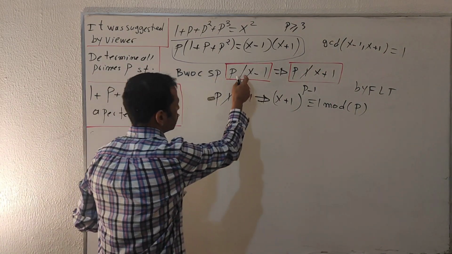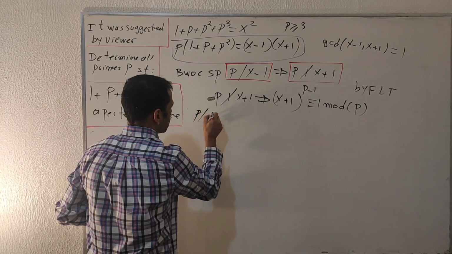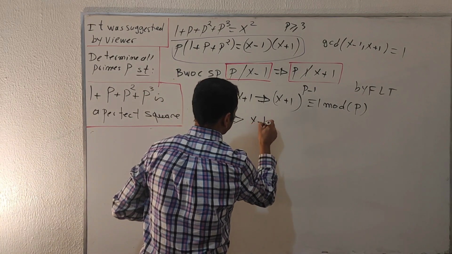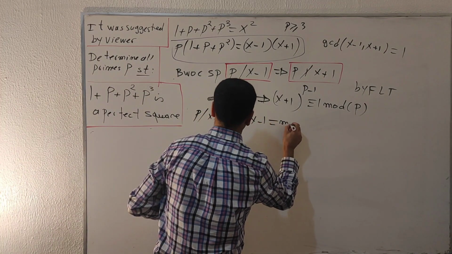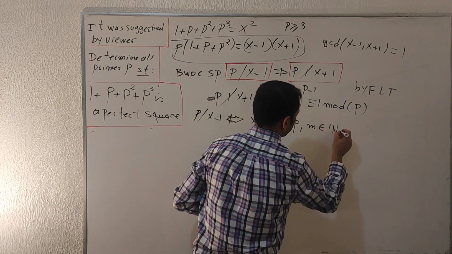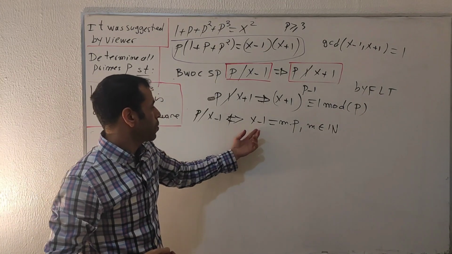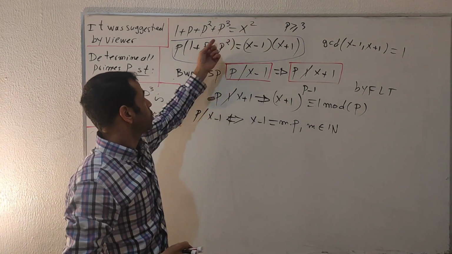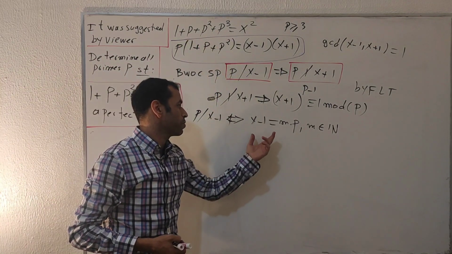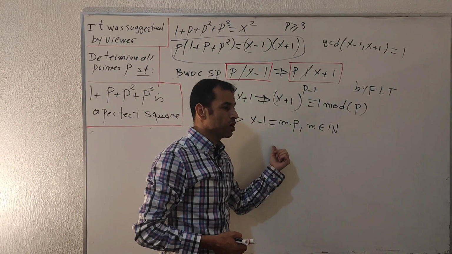Then by using the second fact, p divides x minus 1, according to the divisibility statement, I get x minus 1 equals m multiplied by p, where m is some natural number, or positive integer, because x is a positive integer, since the left hand side of this equation is positive. We are working with prime numbers, so everything is positive here and we don't have to worry about negative numbers at all.